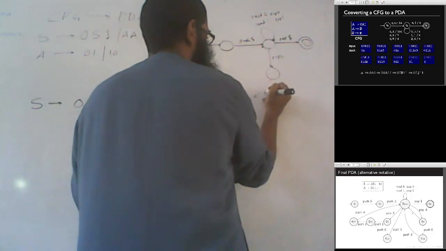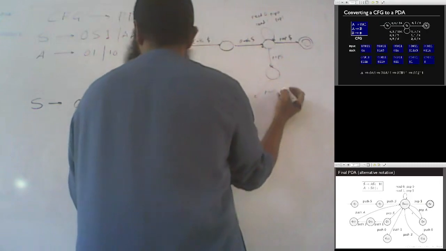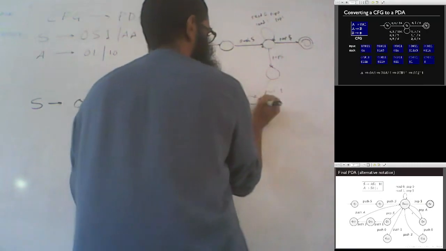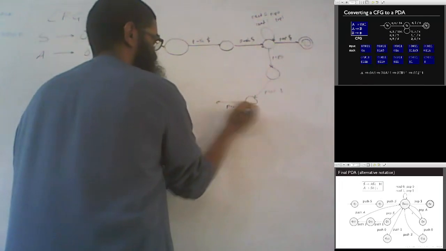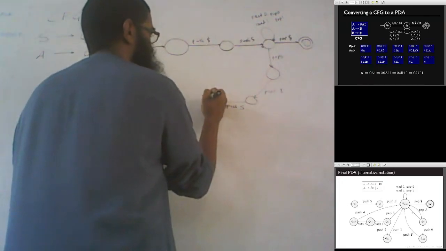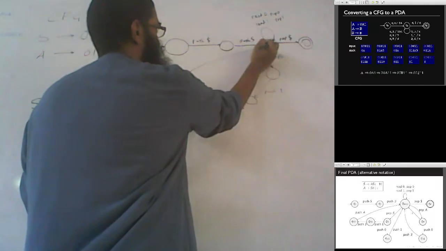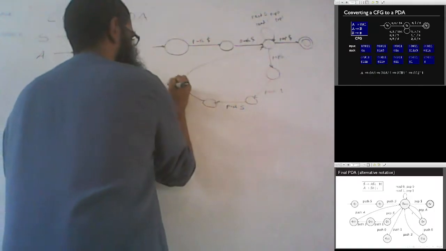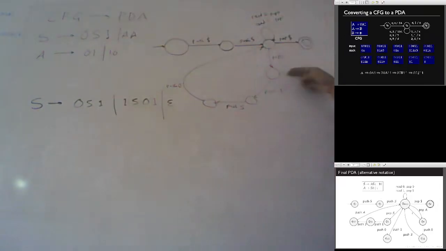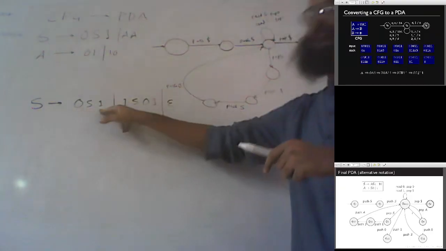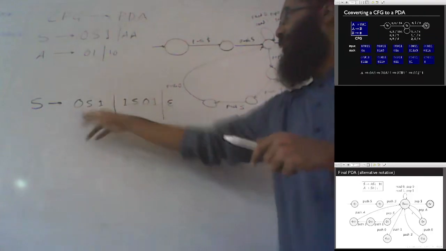We write it in reverse, which is 1S0. So we push 1, push S, push 0, and back to the loop.